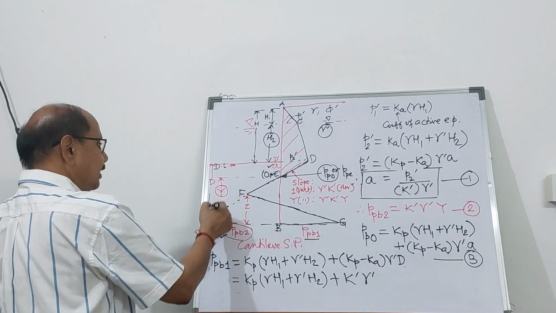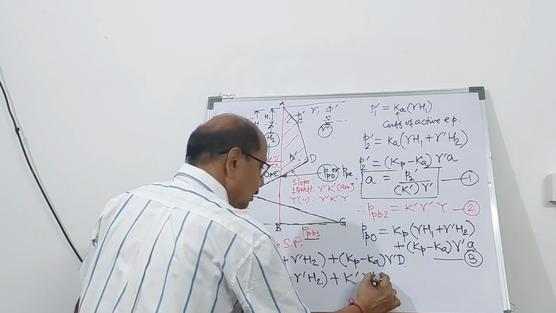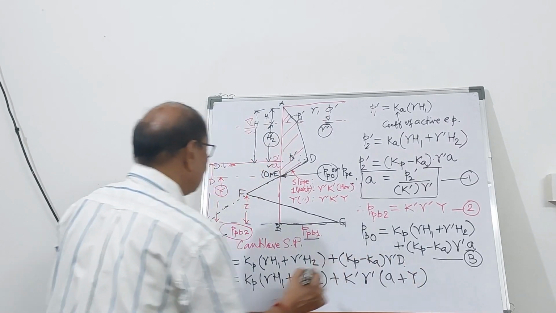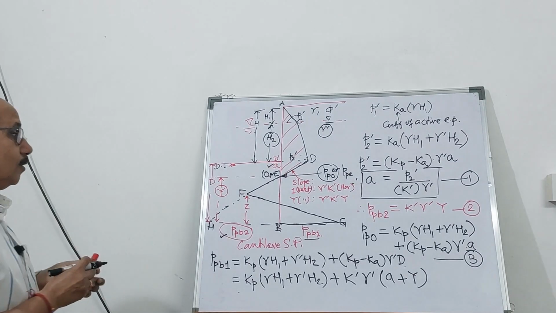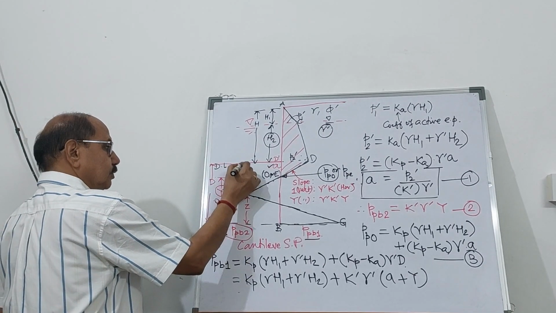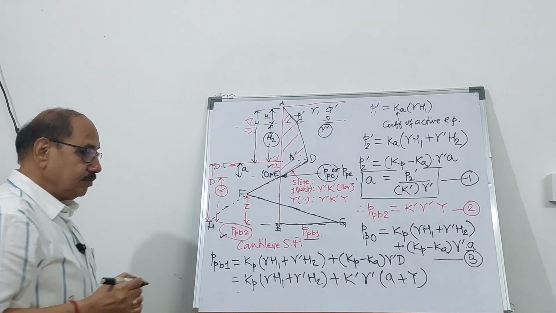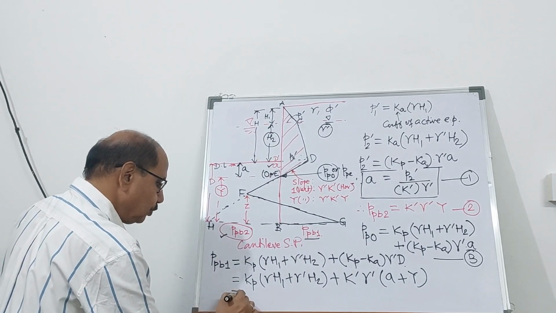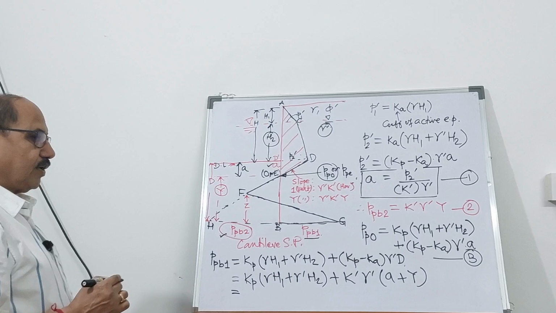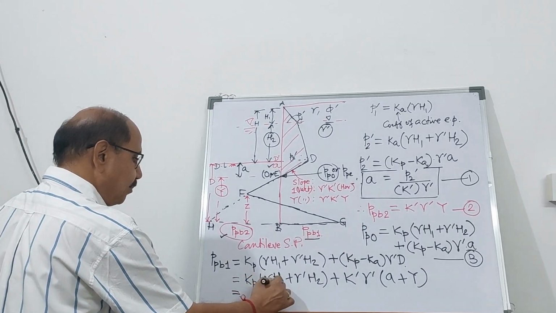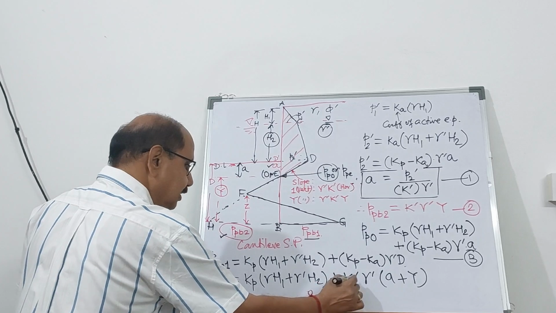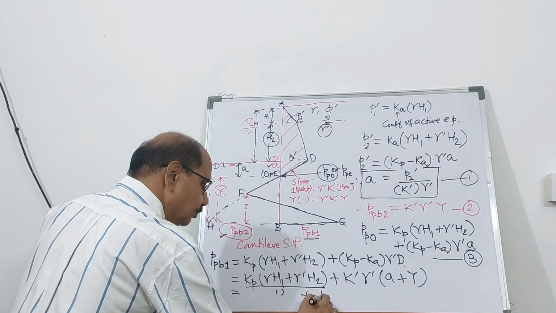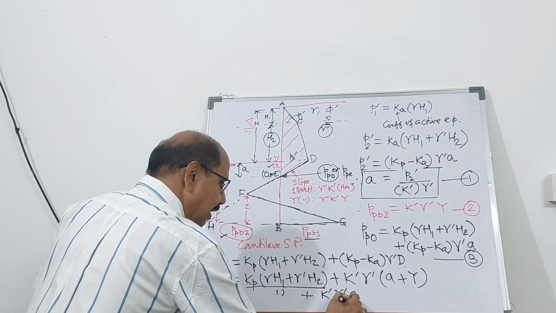Now D, the depth of embedment, can be written as A plus Y. A plus Y becomes the depth of embedment, and therefore if you simplify it further, this becomes Kp, this complete up to here, plus K prime gamma prime A.